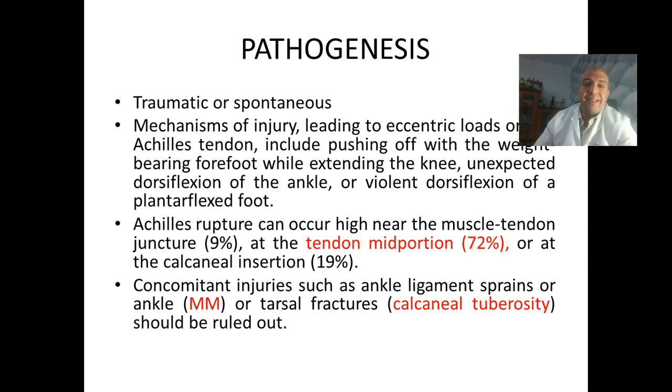But a traumatic event is either direct or indirect. Direct is by a direct sharp cut, or indirect by forcible contraction of the muscle. The contraction of any muscle could be concentric or eccentric.